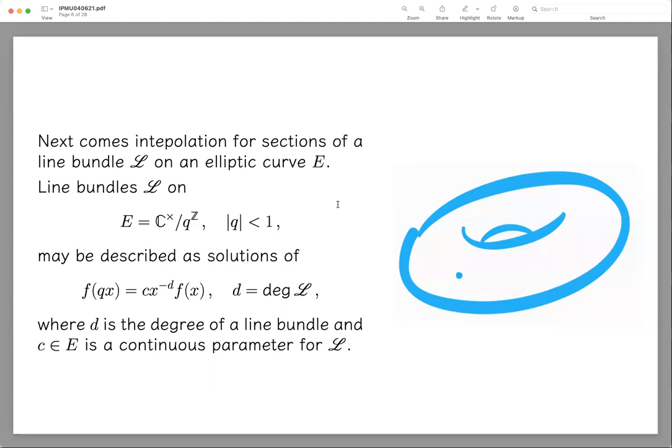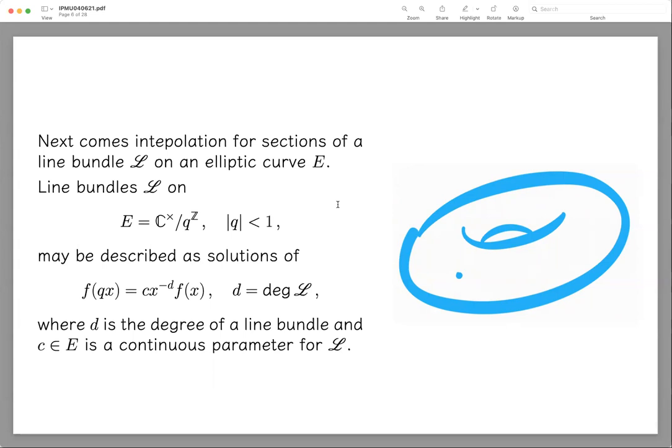If the elliptic curve is written as a quotient, then a line bundle of degree d can be described concretely: its set of sections can be described as a set of solutions of a q-difference equation. Namely, the q-difference equation shown here, where when I take f and multiply x by q, it produces a factor which is some constant times x to the minus d.